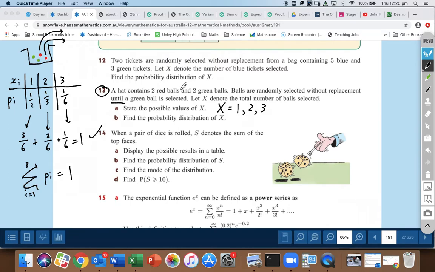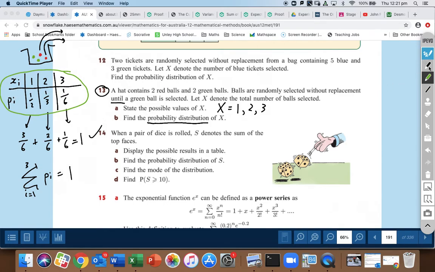Oh, one final thing. Where it says the probability distribution, we have represented that in this table. Right? The answer to this question is that table, and that is okay. I could have listed it, just made a list, right? I could have drawn a column graph, but I think the best way is to use this table.